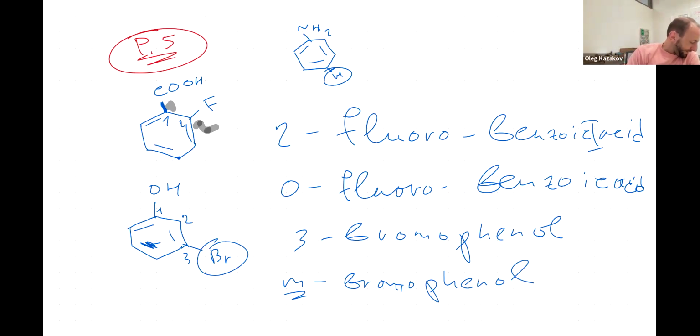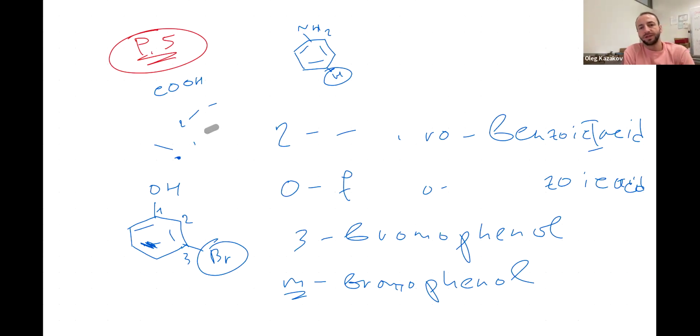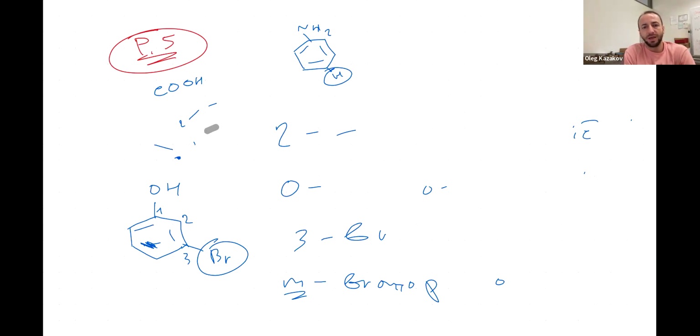So yeah, what else? Maybe some more substitution patterns. Let's take a look at tri-substituted benzenes. Erase everything. This will be a continuation of like P5, I would say. Problem 5-ish.